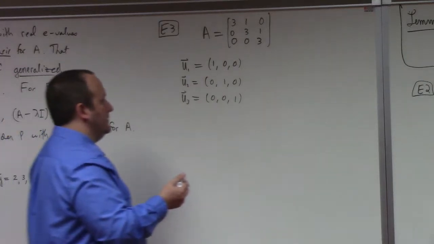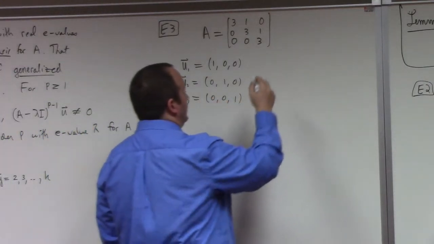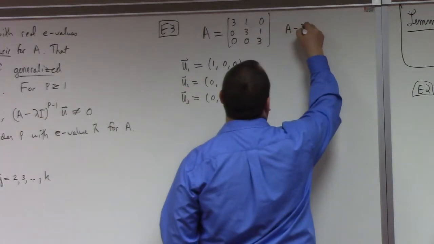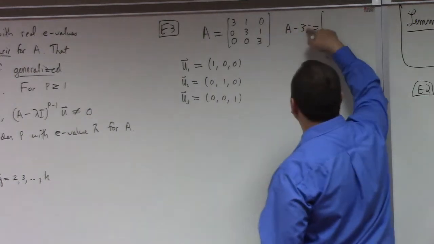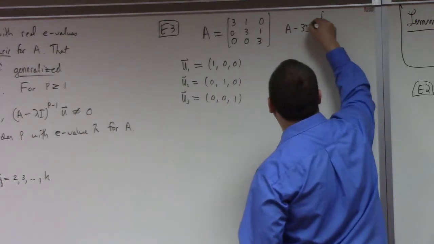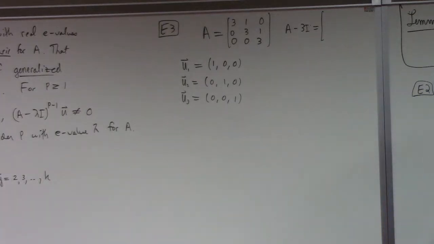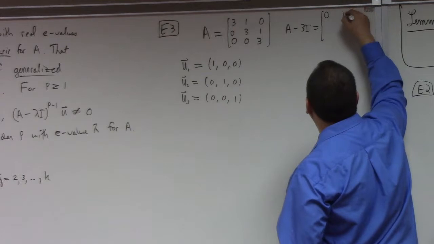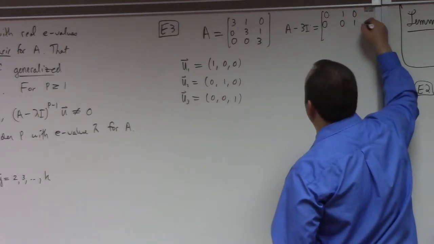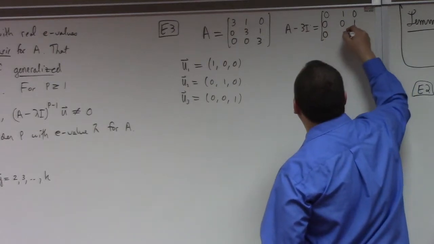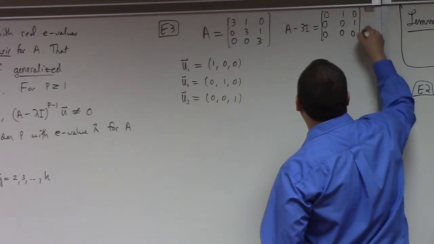So check it out. What's A minus 3I? Subtracting 3 times the identity just removes the 3's from the diagonal there, so we get the matrix with 0, 1, 0 in the first row, 0, 0, 1 in the second, and 0, 0, 0 in the third.